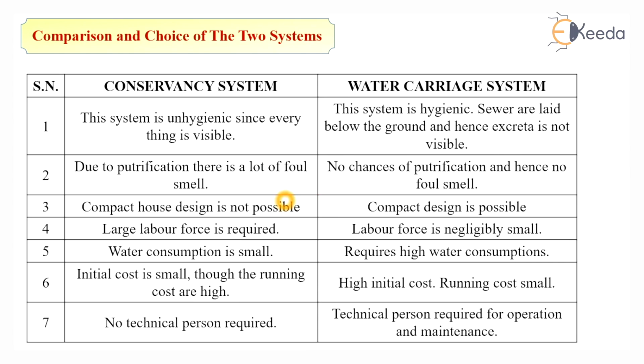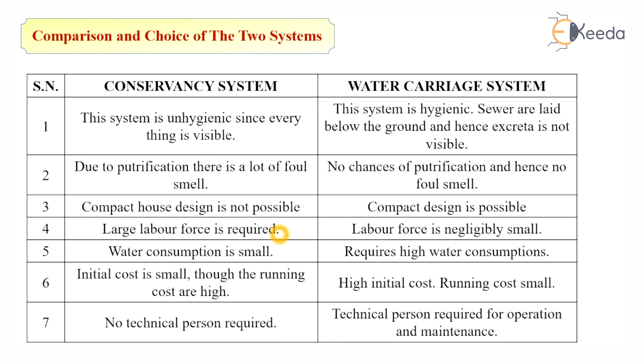Third point is compact house design. Compact house design is not possible in conservancy system and it is possible in water carriage system. Fourth point, in conservancy system, a large labor force is required and in water carriage system, labor force is negligibly small.